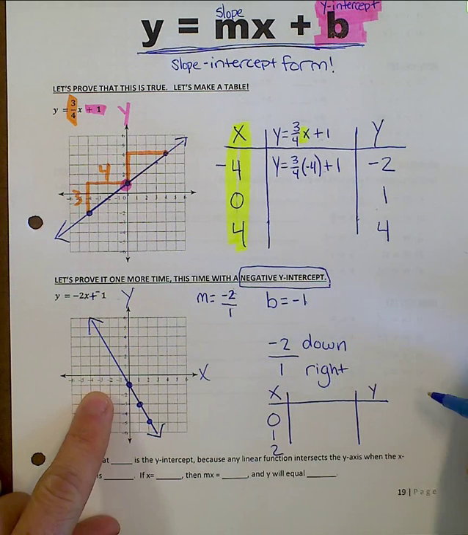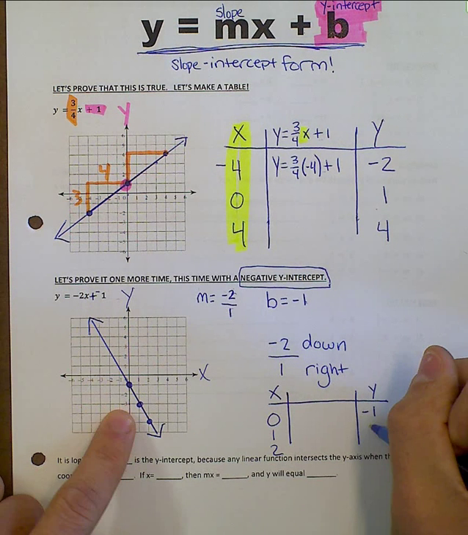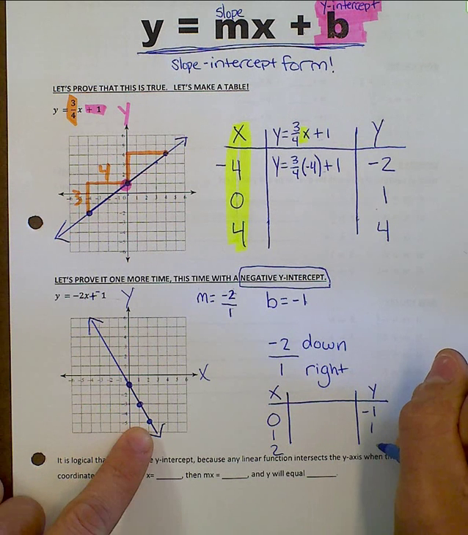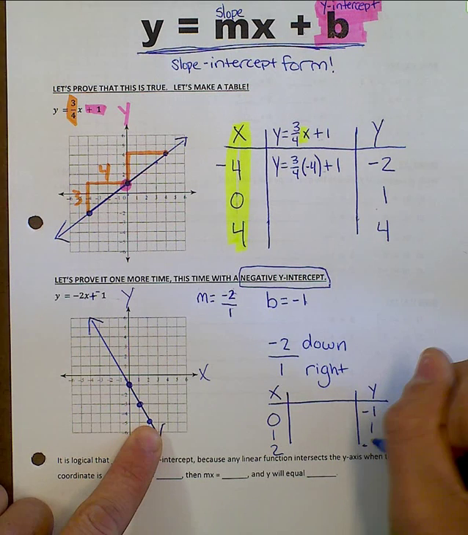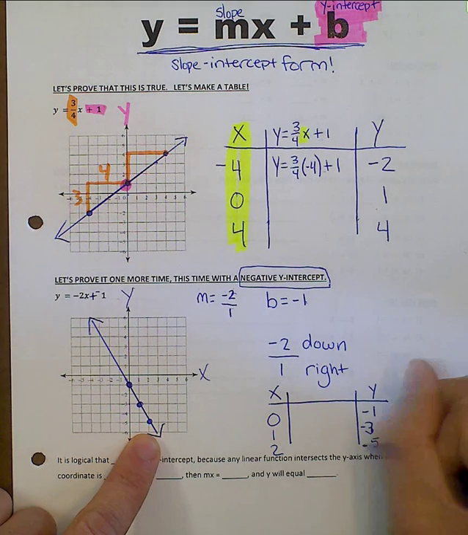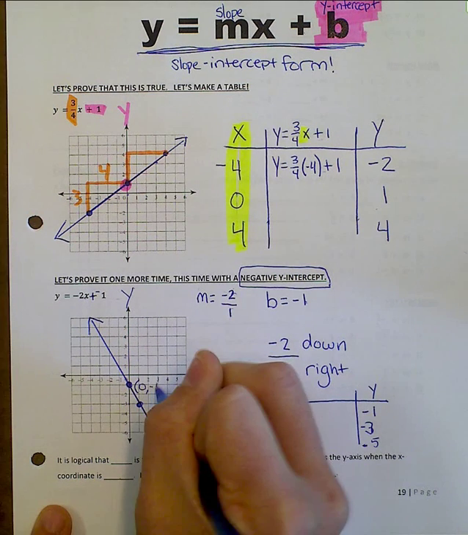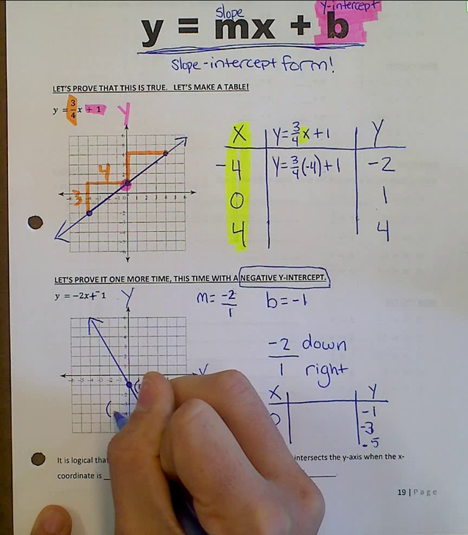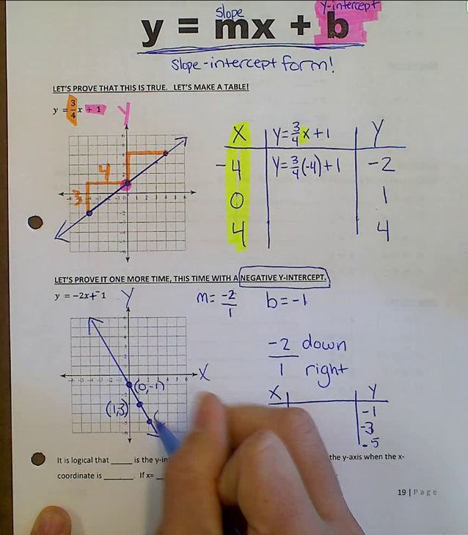And you'll see they become -1, -3, and -5. Apologies. And these are the coordinates on our graph. 2, -5.